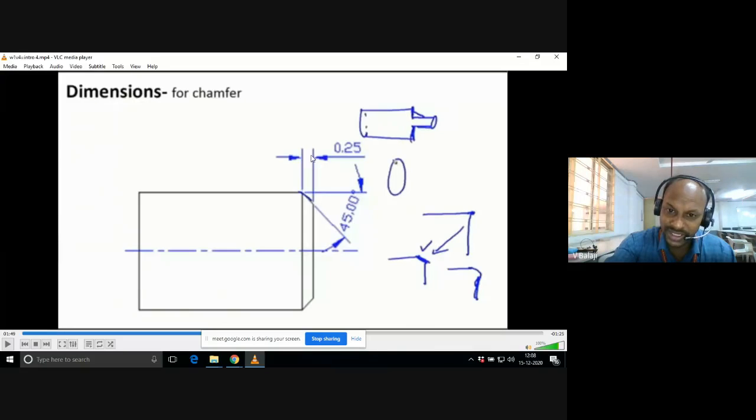So at that time you can write the value outside. But the condition is you have to keep the arrows facing towards each other like this. Here also you see the arrows facing each other, and you can keep the 45 outside also, nothing wrong. If the space is there, you can use inside, or otherwise you can place the value outside, on the horizontal line shown like this.